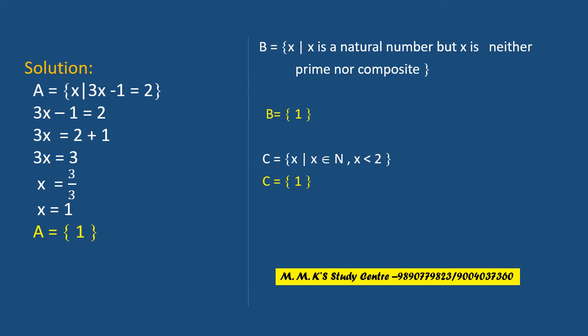You can see this yellow color marking. In A we got 1, in B we got 1, in C we got 1. Means they have the same element, that is 1. And that's why we can say that set A is equal to set B is equal to set C. Means all three sets are equal.